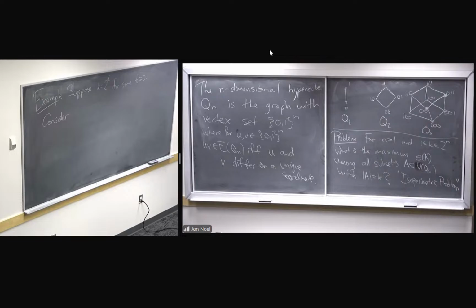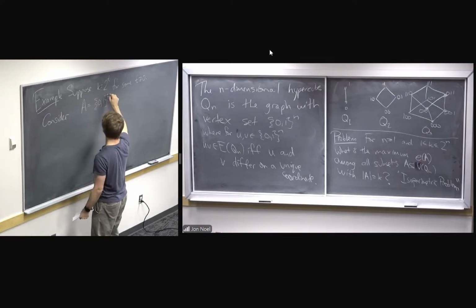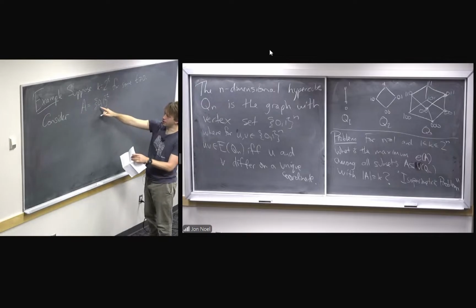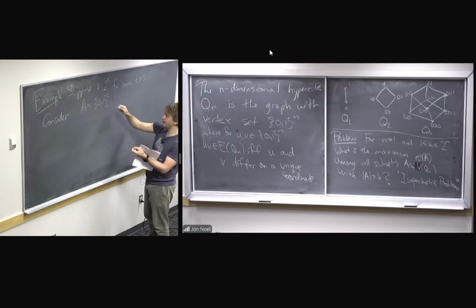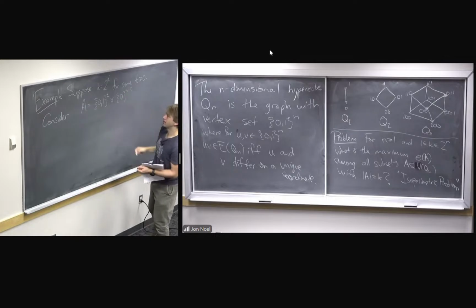So generally, a pretty good construction is to take subcubes of the cube. This face is a copy of Q2 inside of Q3. Similarly, if I was supposed to pick 2 vertices to maximize the number of edges, obviously I would just pick an edge, which is a copy of Q1 in Q3. So generally, I could consider a set of vertices where the first t coordinates can be 0 or 1, and the last n minus t are all 0.